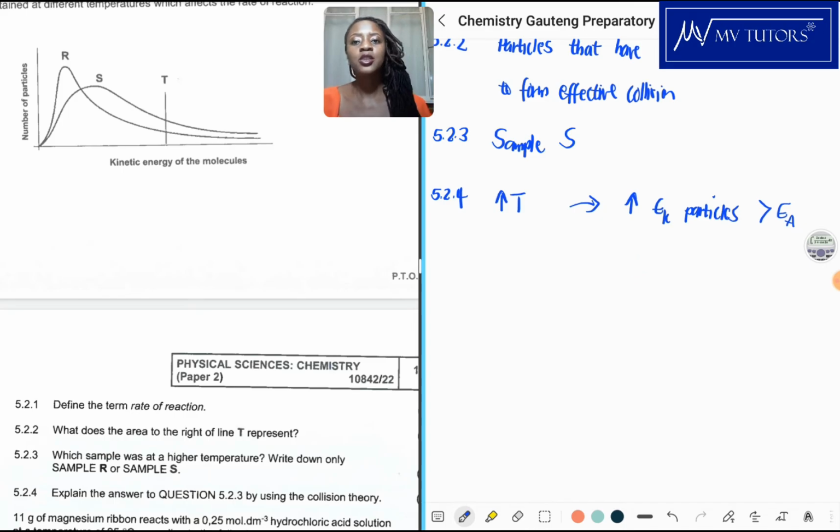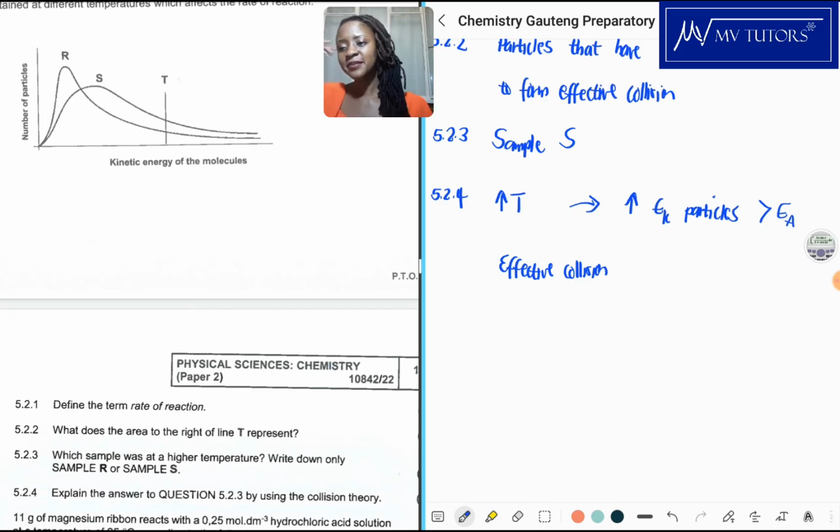So higher temperature results in the kinetic energy of the particles increasing, and the energy being higher than the activation energy, and then you start having effective collisions. They're already in motion because there is kinetic energy. So as such, then you have effective collisions. I don't know if I'm leaving anything out, but it really has to do with that.